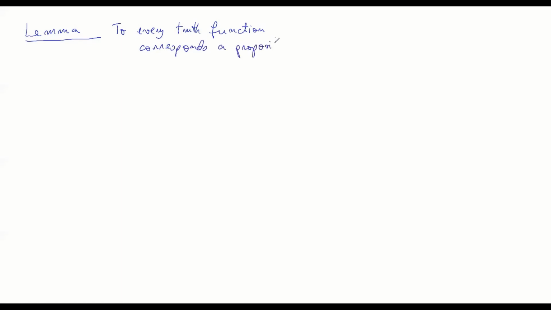And we have discussed a way to actually build this. The other part of the lemma is: to every proposition corresponds a truth function, and remember that we call this the valuation of that proposition, and we showed how to build it.